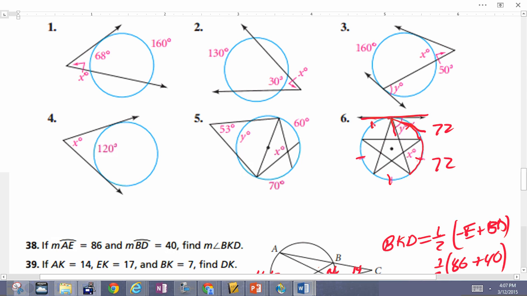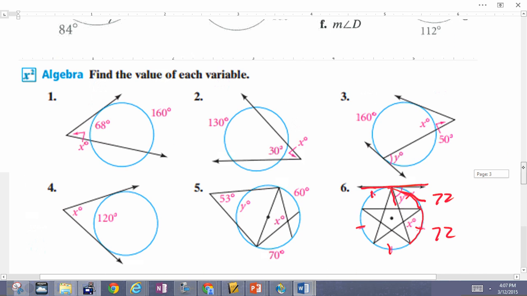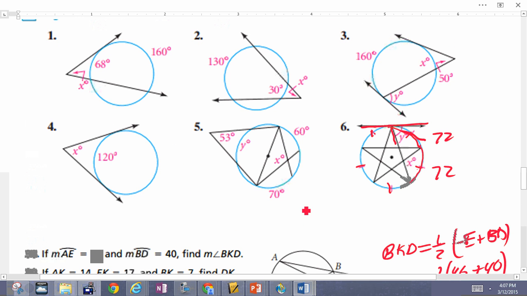Now, what is the measure of angle X here? Angle X is an interior angle, much like what we saw down here in this previous problem, okay? Angle X is half the sum of the one arc of 72 that it meets up with. Where's the other arc that it meets up with?